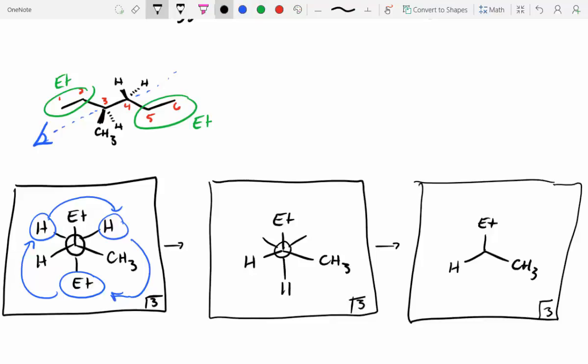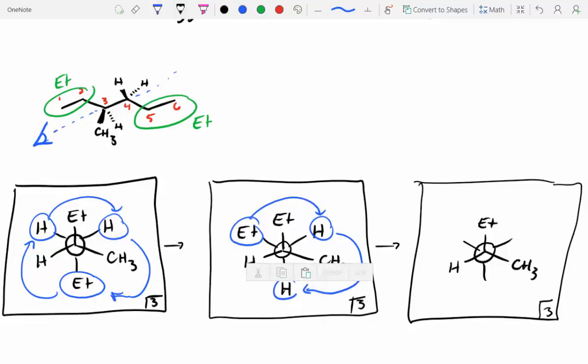Hydrogen. And the ethyl group will be to the top right or left? Left. That means our other hydrogen will be here. And then last but not least, we can keep on twisting this. This ethyl group is now going to go where that hydrogen is, this hydrogen is going to go where that hydrogen is, and this hydrogen will go where that ethyl group was.